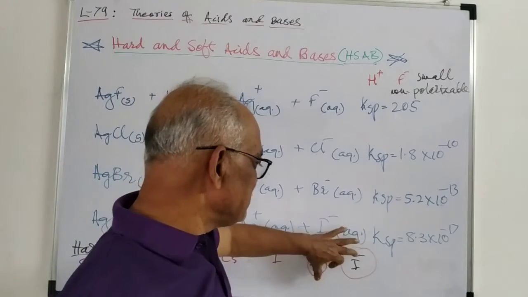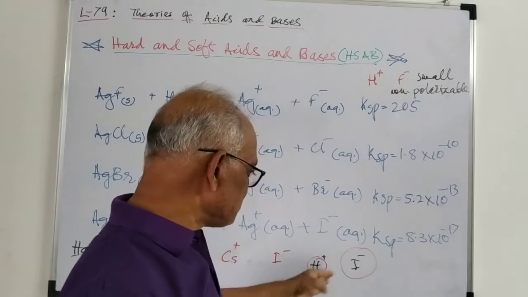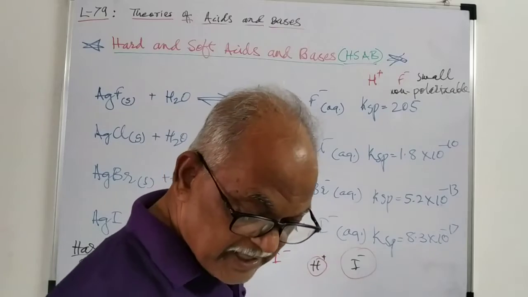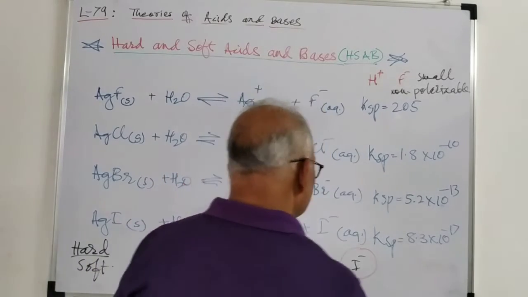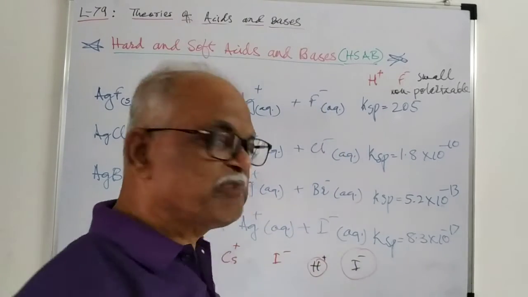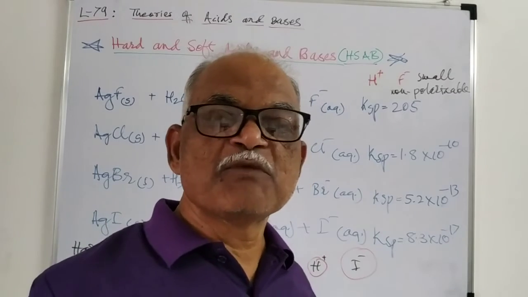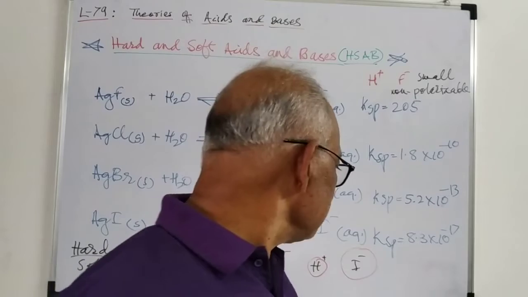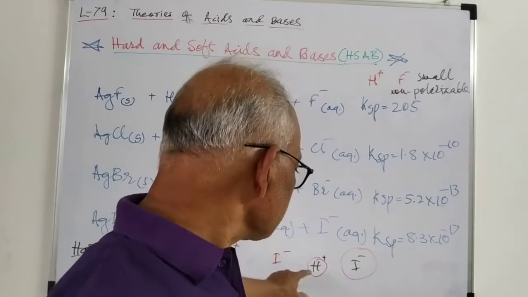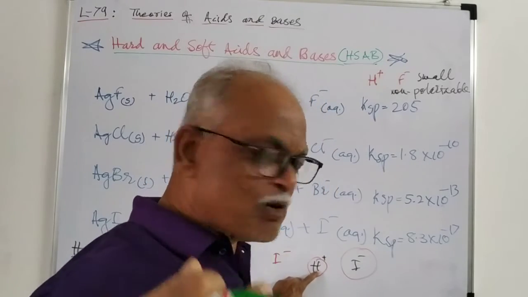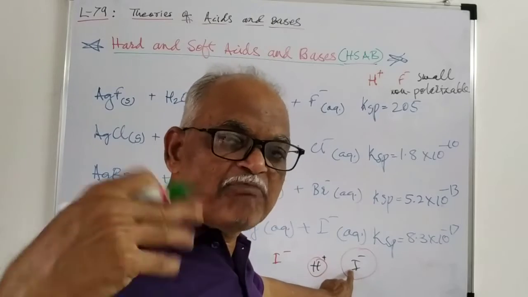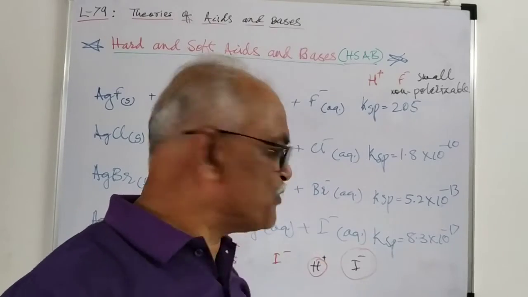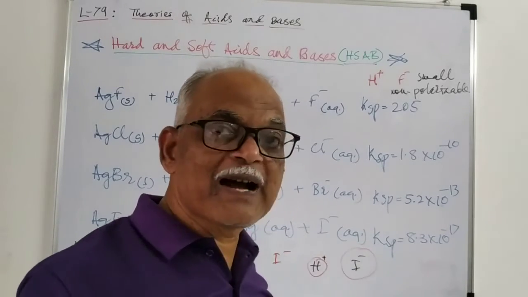This is the normal shape of H plus and I minus. But if we consider polarization, H plus is strongly polarizing. It has the capacity to strongly polarize the I minus, because the nucleus of H plus imparts a strong attractive force on the electron cloud of I minus.